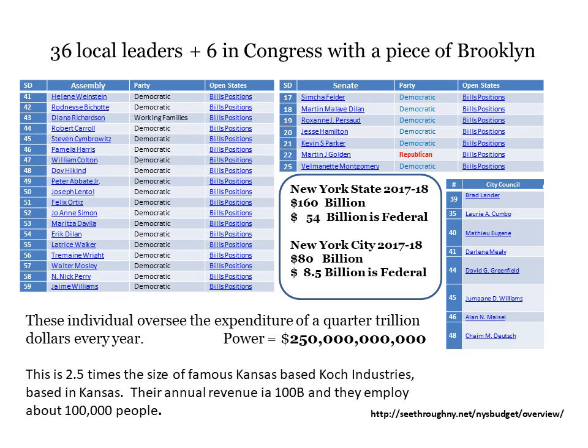They are involved in the expenditure of $250 billion every year. And to put that in perspective, that is 2.5 times the famous size of the Koch Industries, whose $100 billion in annual revenue and 100,000 employees are dwarfed by the simple behavior of the New York State budget and the New York City budget.